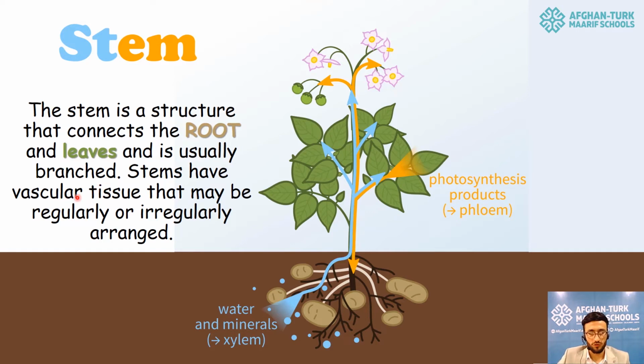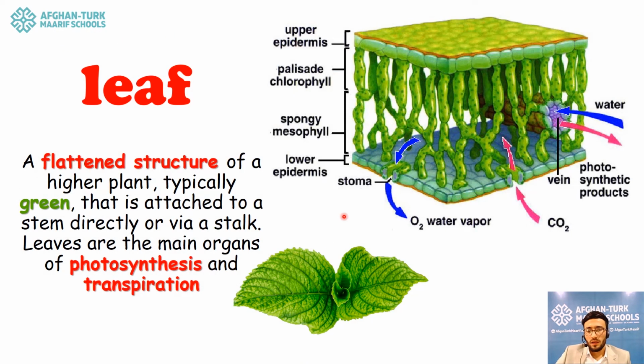Stems have vascular tissues that may be regularly or irregularly arranged. These are the vascular bundles, meaning the xylem and phloem, that possess the function of transporting materials that are produced inside the leaf factories, or that are absorbed through the soil. Let's talk about an important factory inside the plant cells.